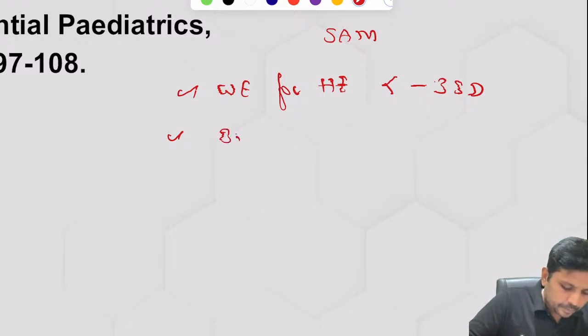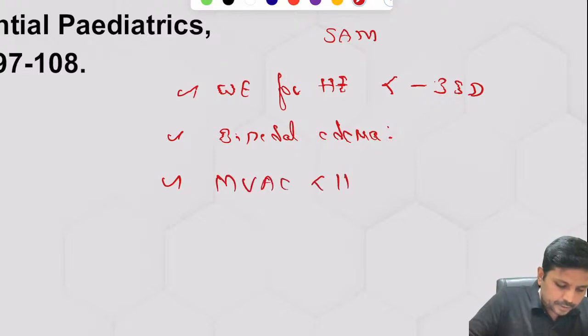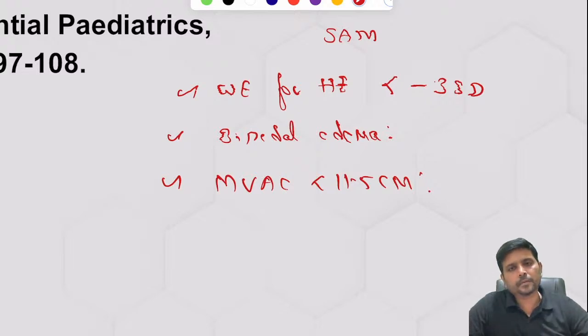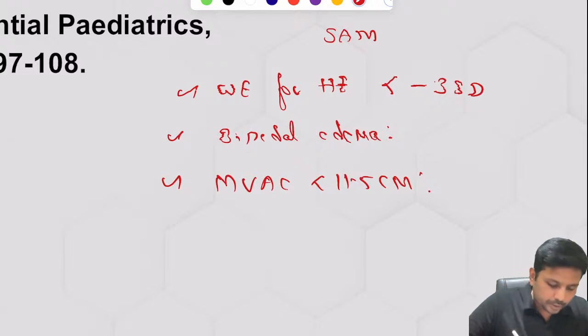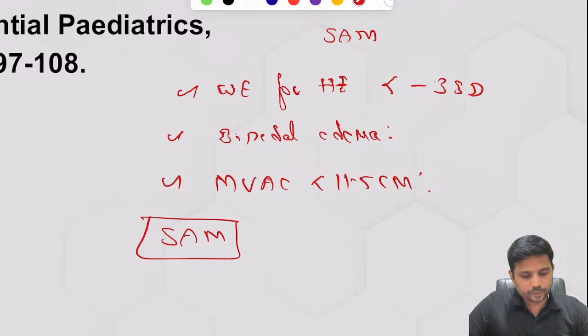Second one is bipedal edema. Third one is mid upper arm circumference less than 11.5 cm. This is called severe acute malnutrition, right?